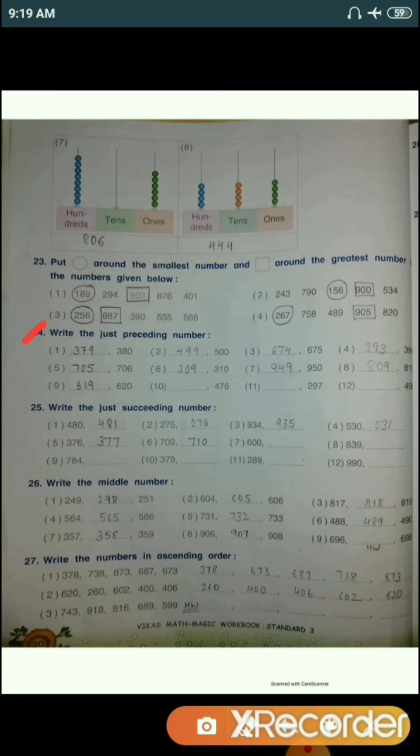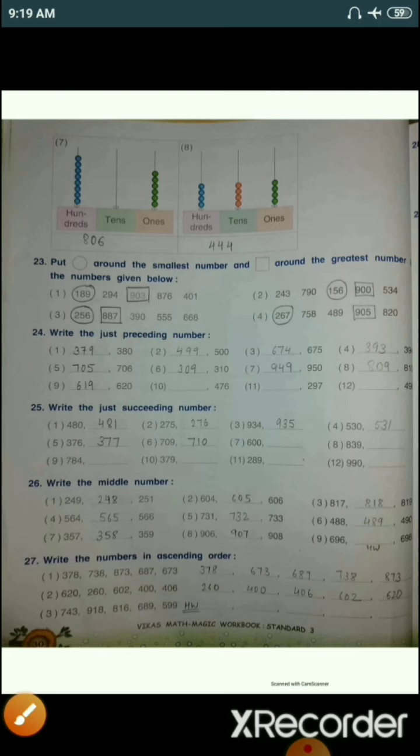Now the next question is question number 24. Write the just preceding number. So in the last part we already learned how to answer preceding numbers. We just need to subtract 1 from the number.